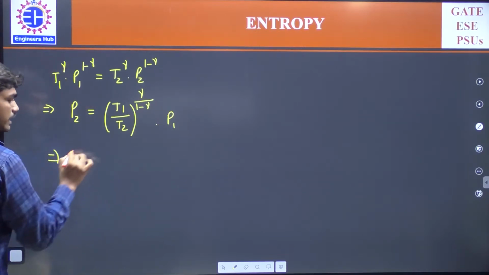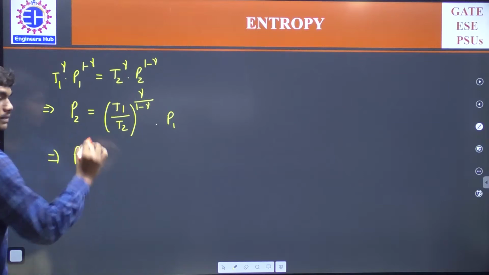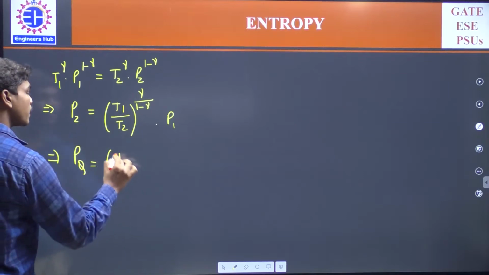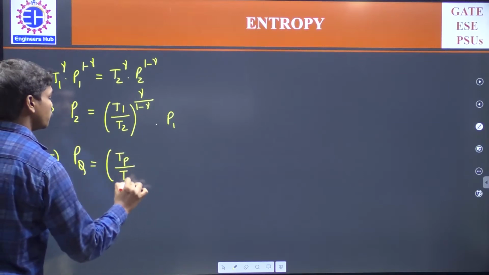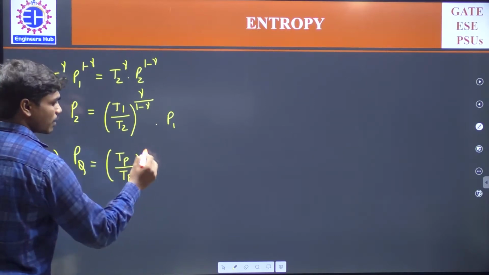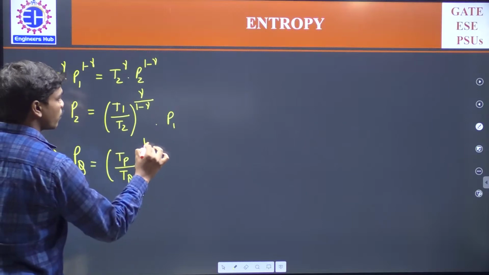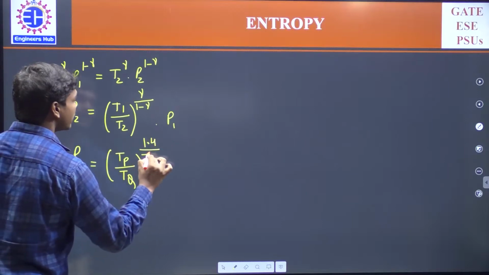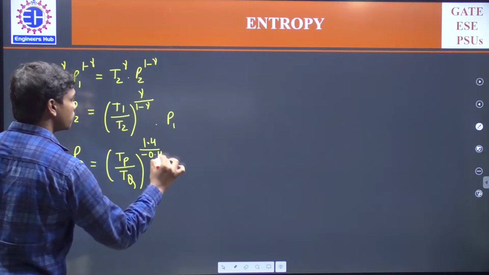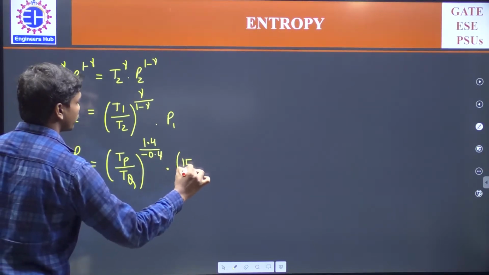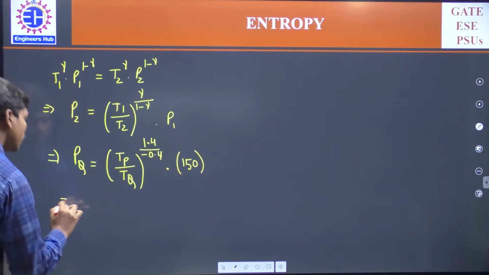In our nomenclature, the maximum possible pressure at station Q is equal to Tp by Tq whole power gamma, where gamma is 1.005 divided by 0.718, which gives you 1.4, so 1.4 by minus 0.4, into P1, which is 150 kPa. So perform this calculation.